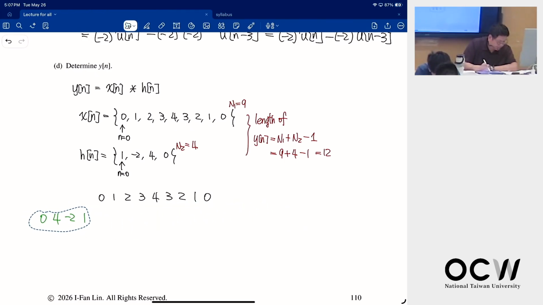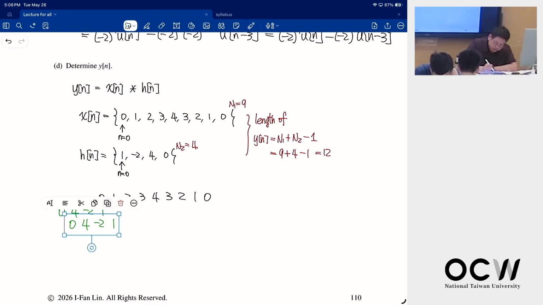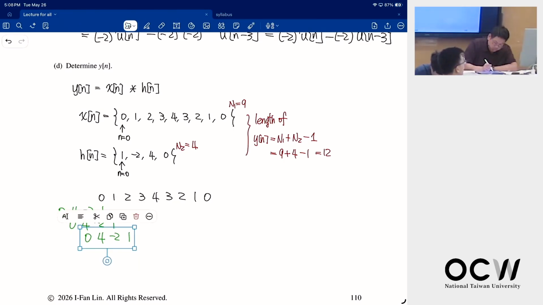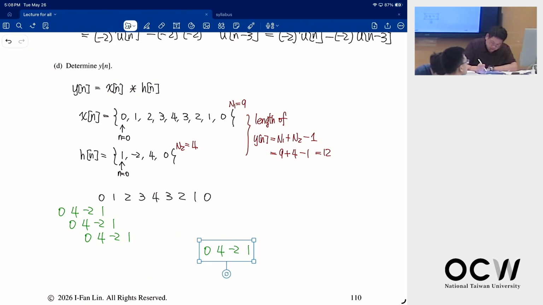First I will have a value here, even though it is 0. First one, second one, third one, and so on till the last. You have your notes, so you can just slide that by yourself.